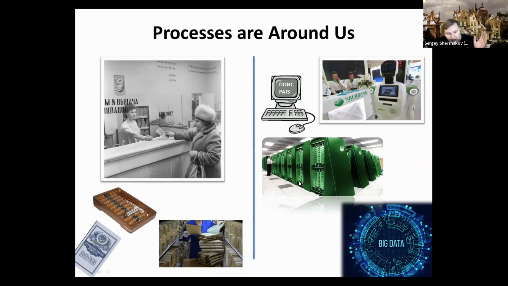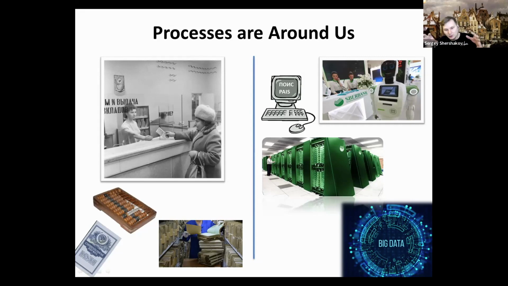We're talking about processes, and you know that modern processes are becoming more complex and faster. Now the implementation of any complex processes is unthinkable, I guess, without the support of information systems, which gave rise to a special class of so-called process-oriented information systems, or sometimes process-aware information systems.